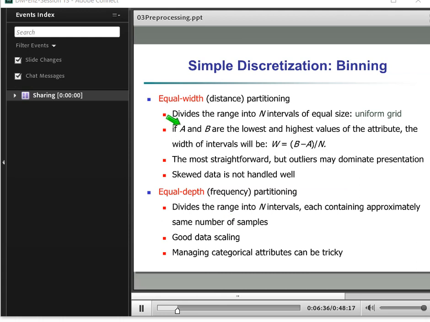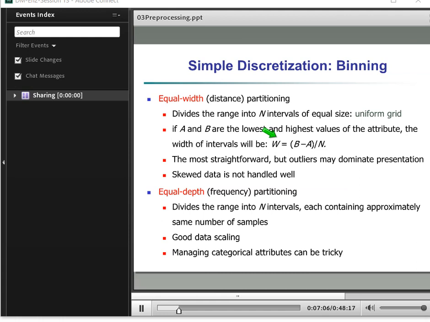For example, let's suppose that I have some data. The lowest value of the data is A, and the highest value is B. And I decide to create N different partitions or bins.